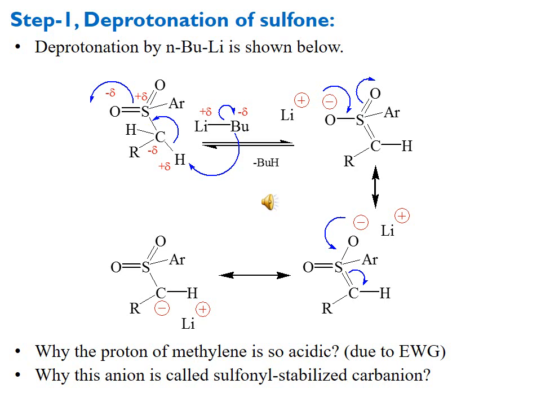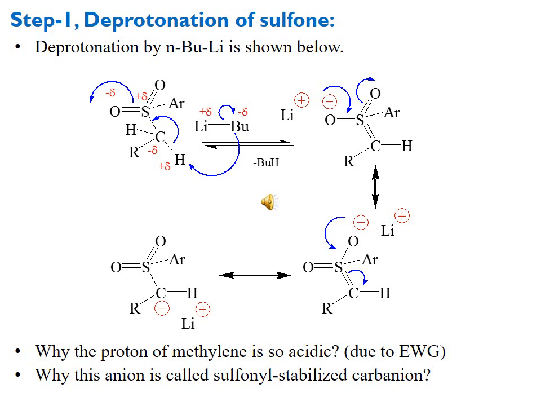This can also be explained this way: a Bu negative with a full negative charge as a nucleophile is not created here, but the sigma electrons between lithium and butyl act as a nucleophile through the butyl group, which attacks the hydrogen, and we get butane.